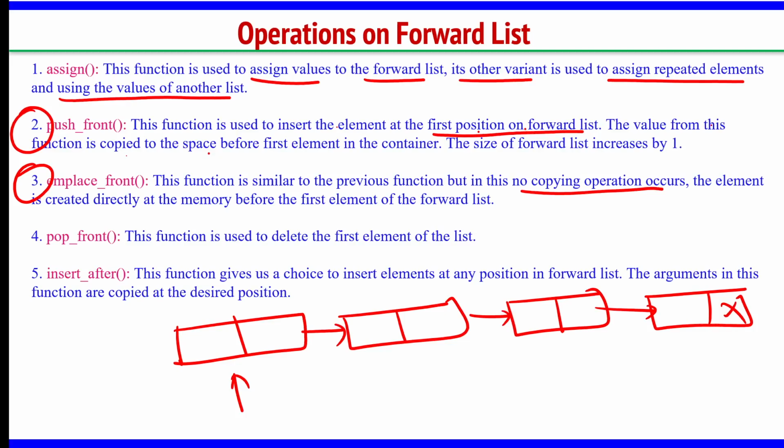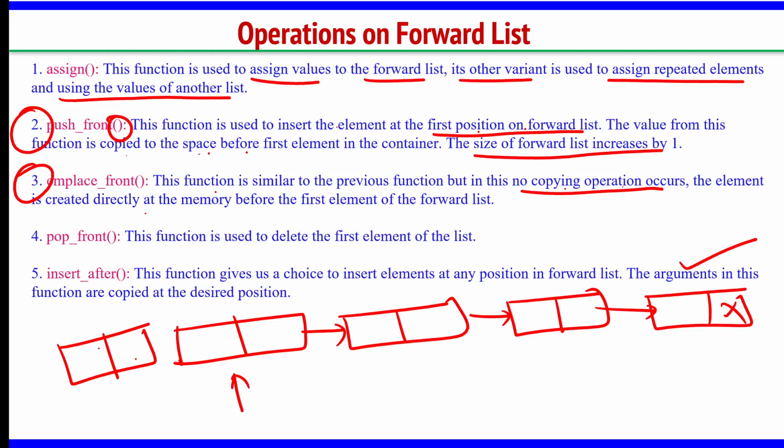The value given is copied to the space before the first element in the container, and the size of the forward list is increased by 1. Emplace front is similar to the previous function, but no copying operation occurs. The element is created directly at the memory before the first element of the forward list.